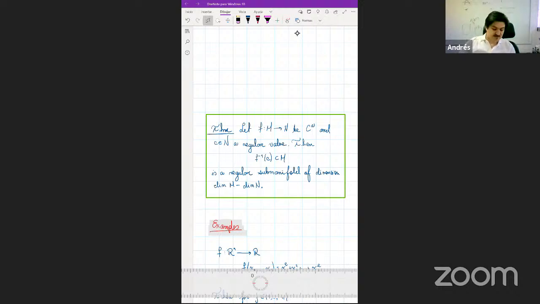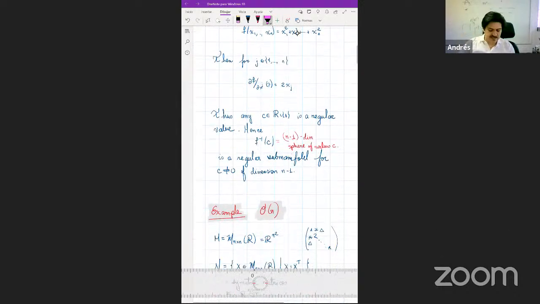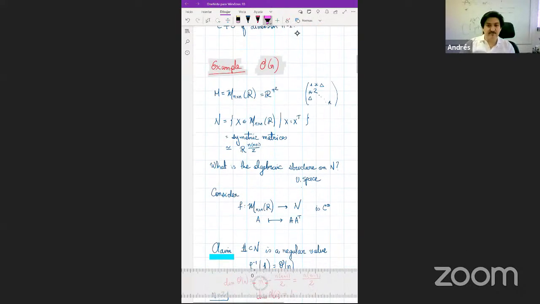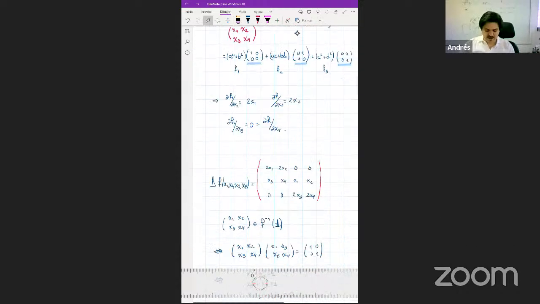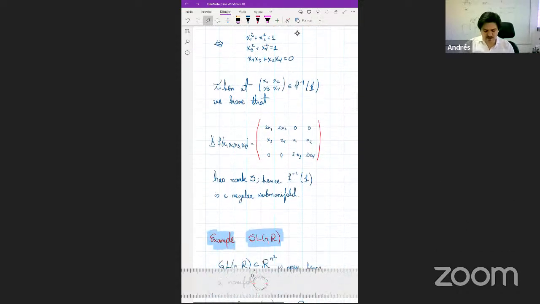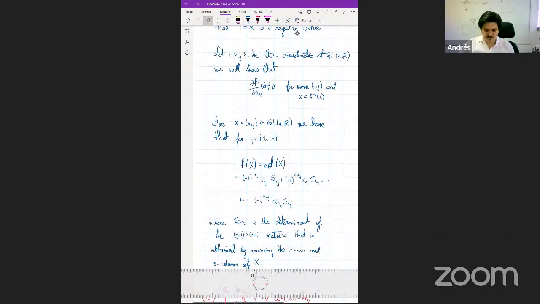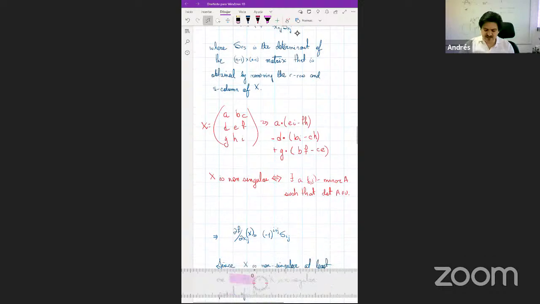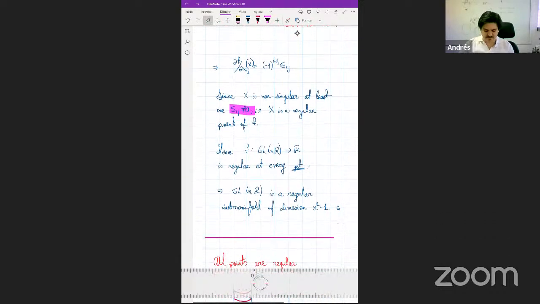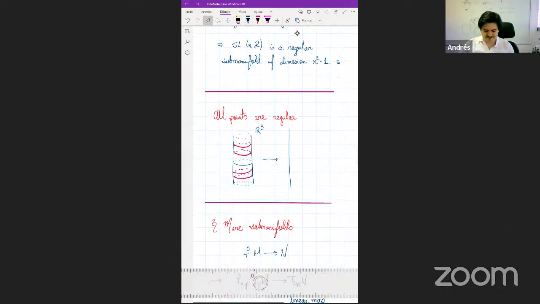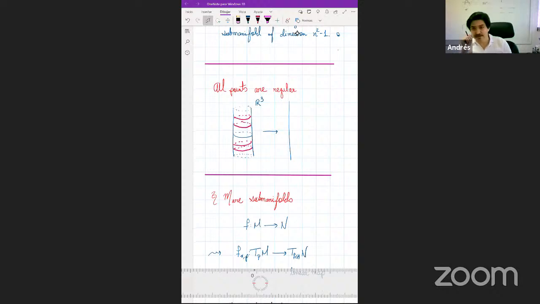So with this result, we can get examples of very nice manifolds. Sometimes it's very complicated, like this example that we worked out. So there is another, more useful result that is going to give us manifolds. Okay?